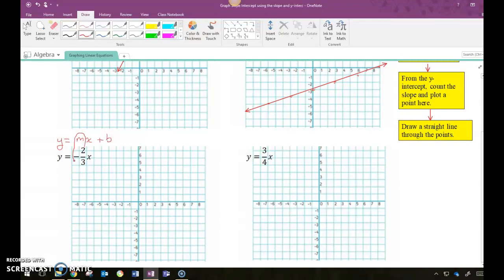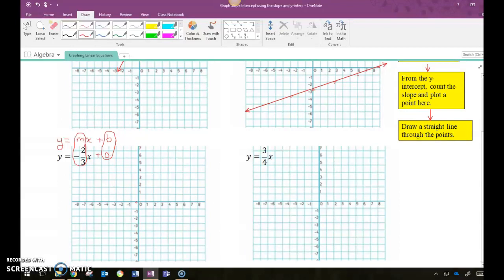So I'm going to circle my m again, as I did before, but then when I look over here, I see I don't have anything to circle for the b. Well, that's because the y-intercept is actually 0, and we don't typically put +0 on everything. We usually leave it out, and adding 0 does not affect the equation at all. So my y-intercept is 0.